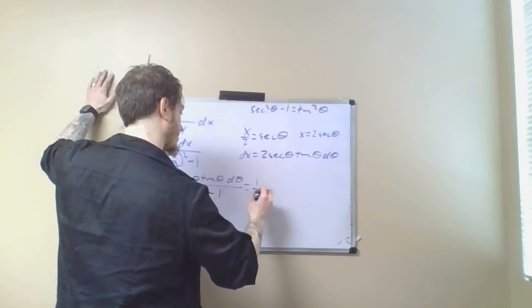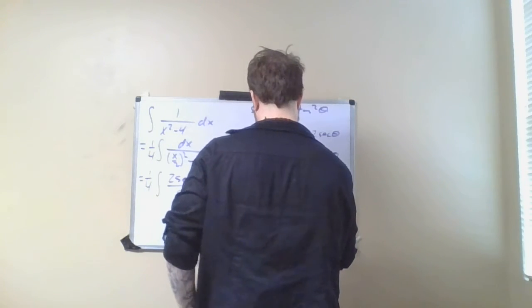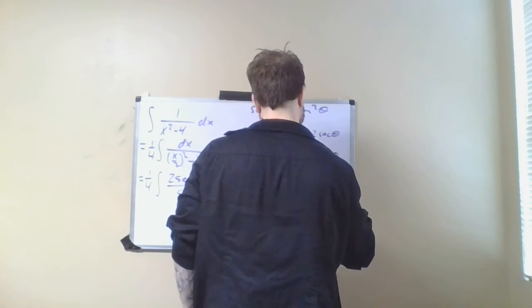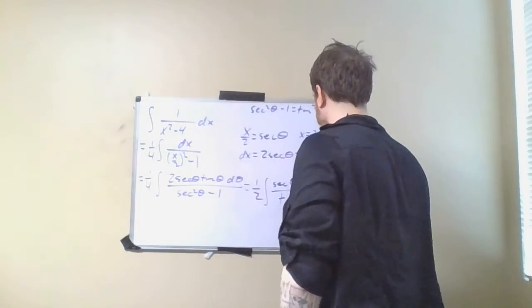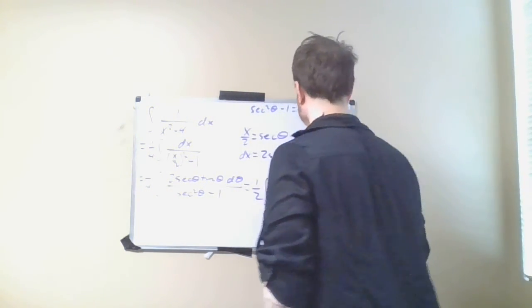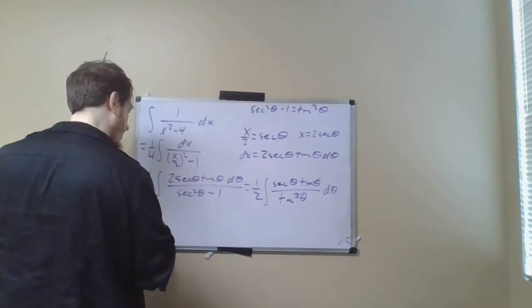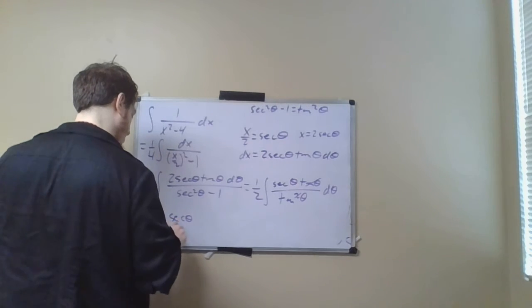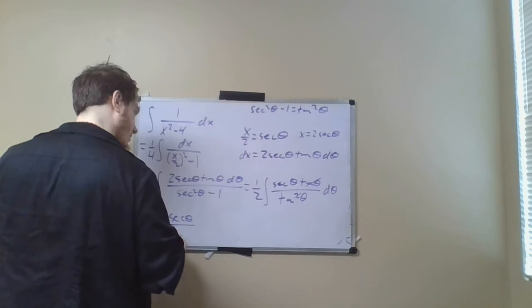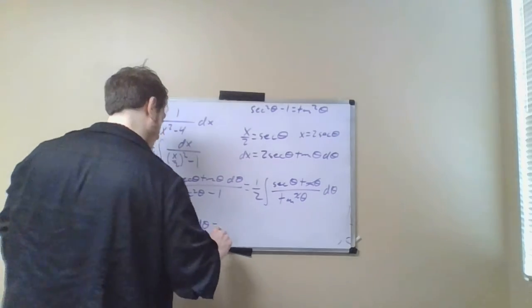The 2 cancels to give me a 1/2 out front, and this is going to be secant theta tangent theta over tangent squared theta d theta. So my tangents cancel, and I am left with 1/2 integral secant theta over tangent theta d theta.